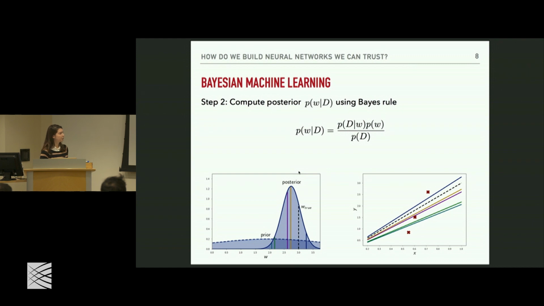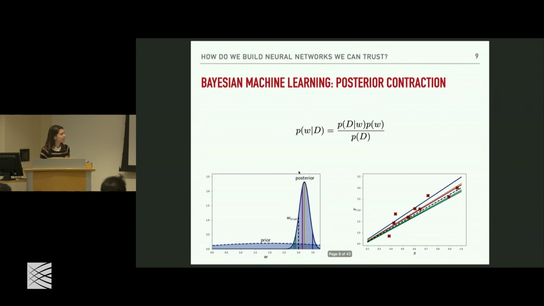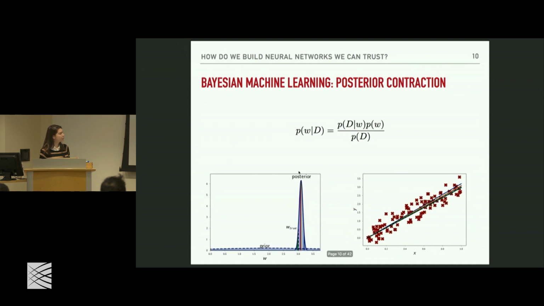Indeed, after we observe more and more data, the posterior will be more and more concentrated around the true parameters. So after we see 9 data points, the variance of the posterior will decrease, and it will almost collapse on the true maximum likelihood setting of parameters after we observe a lot of data points.